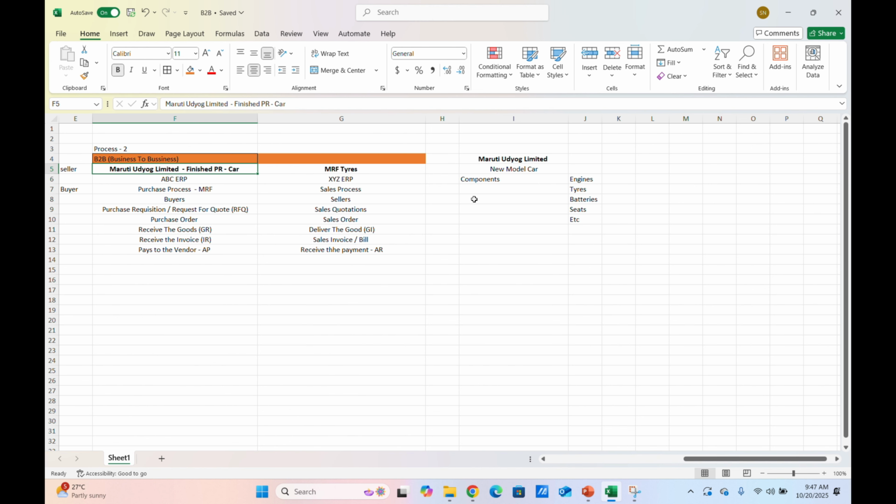This is also a process. So the B2B process is not only these two, but we can configure it in different ways, depending upon the requirement and the functionality of the business. Okay, that is what I wanted to explain. Now we have done the B2B process one.